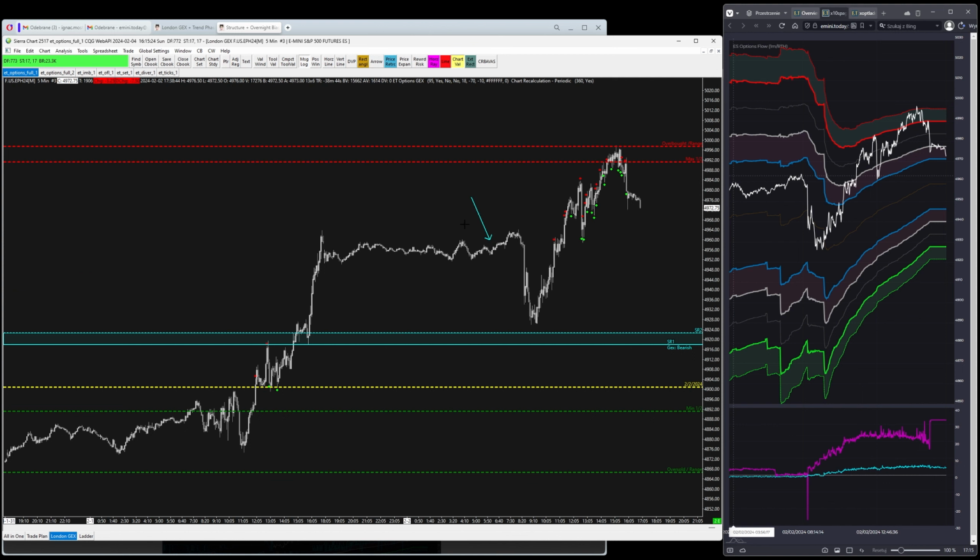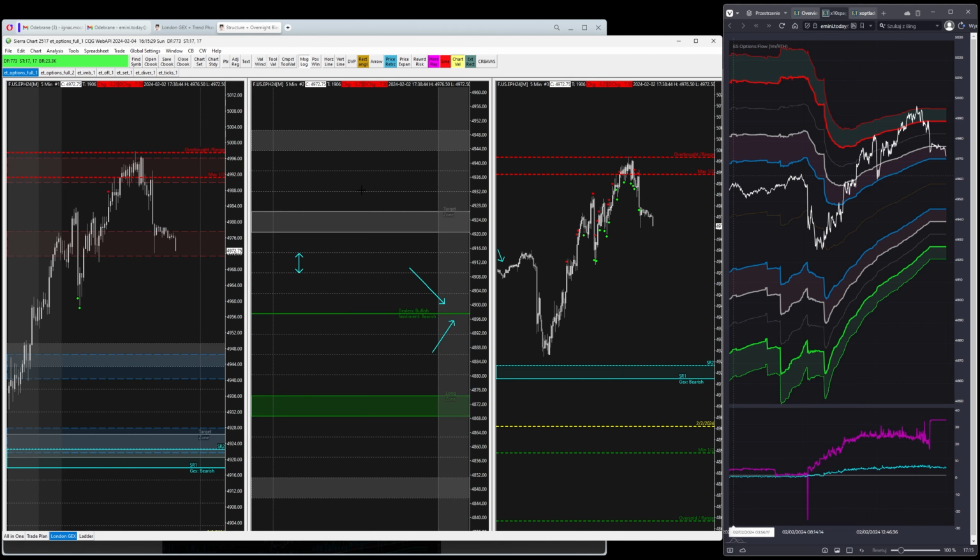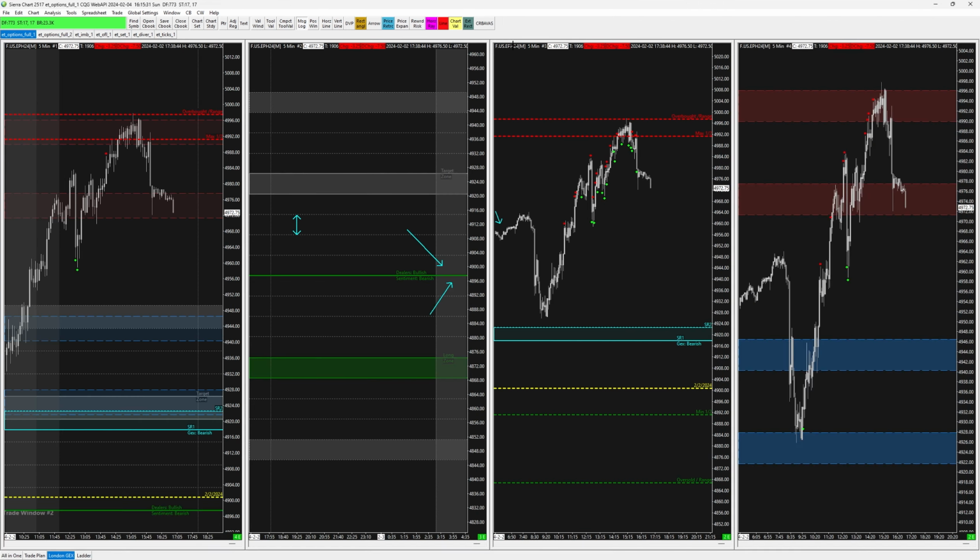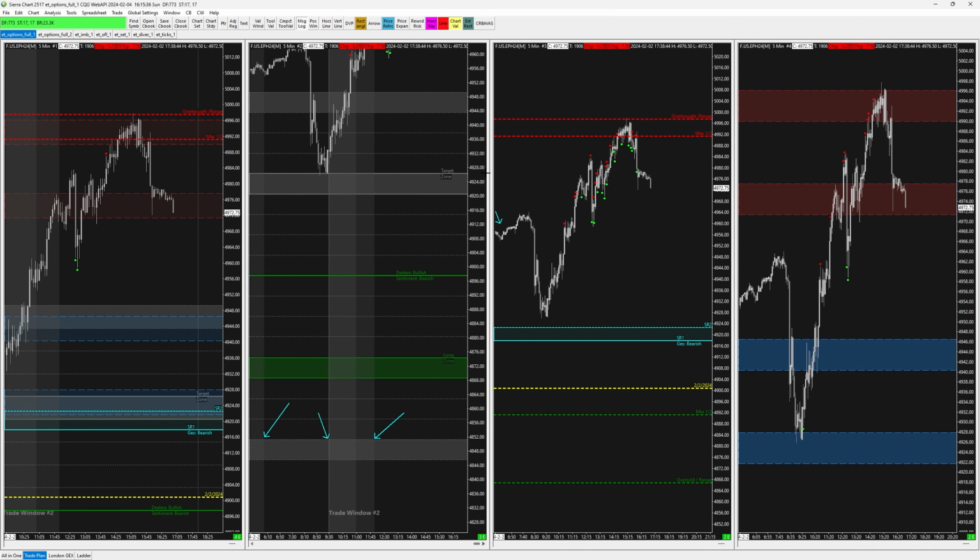So let's just get back to these dots. You can see that, where is it? Okay, here.